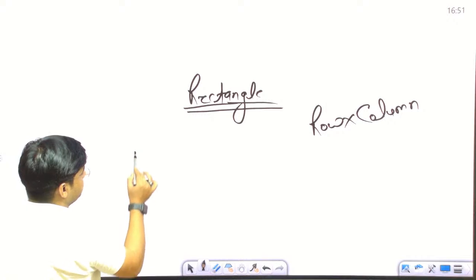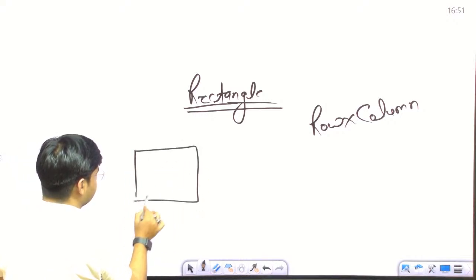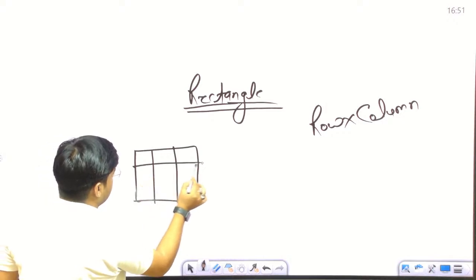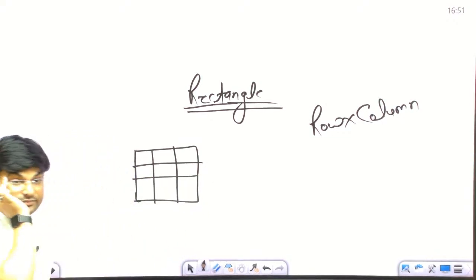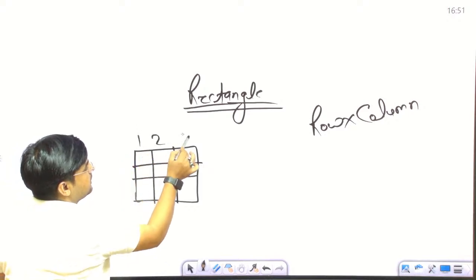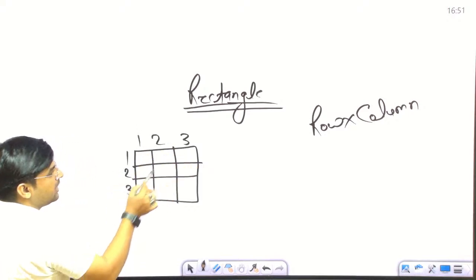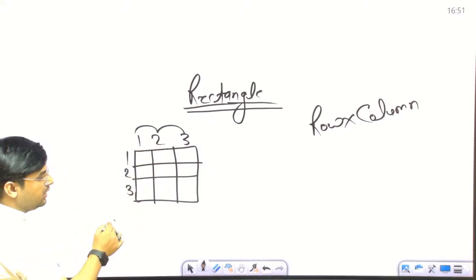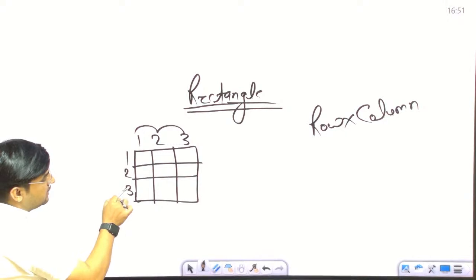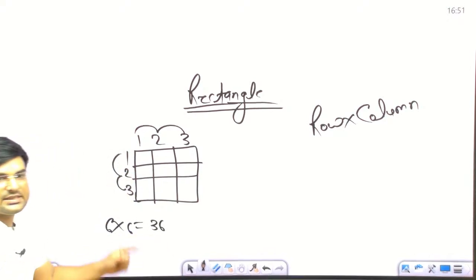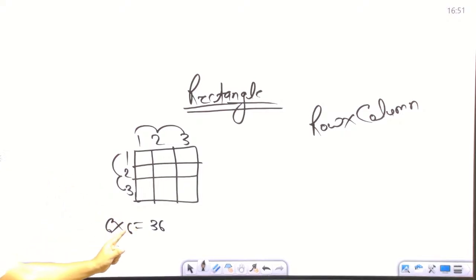For example, how many rectangles in this figure? There are 3 rows and 3 columns. We have to add all the numbers. 3 plus 2 plus 1, 6. 6 into 6 equal to 36. There are 36 rectangles in this figure. Clear?